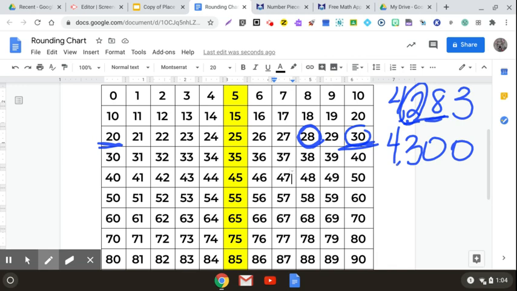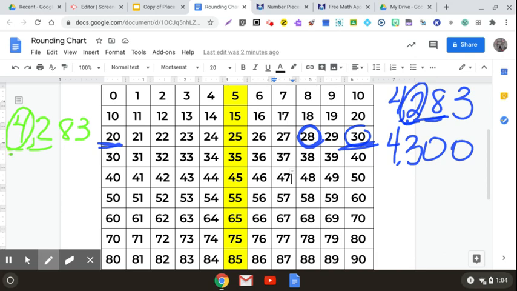I'm going to stop for a second and let you think on it. Let's take this same number again, 4,283, and say we're going to round it to the thousands place.